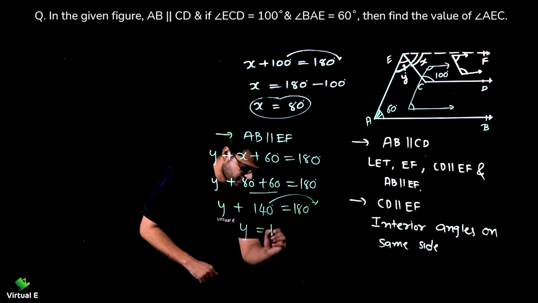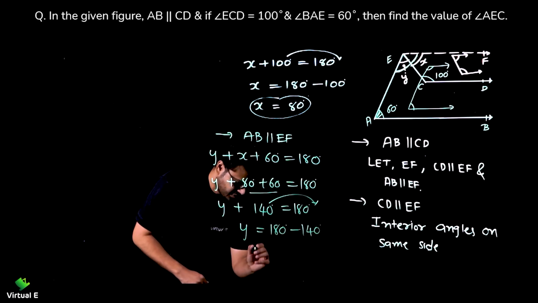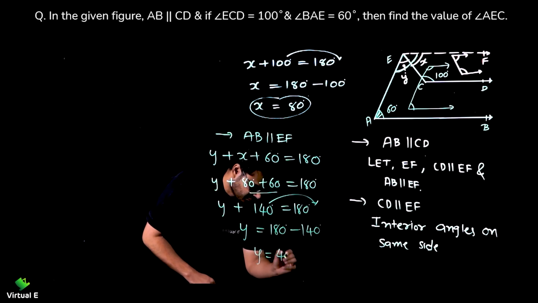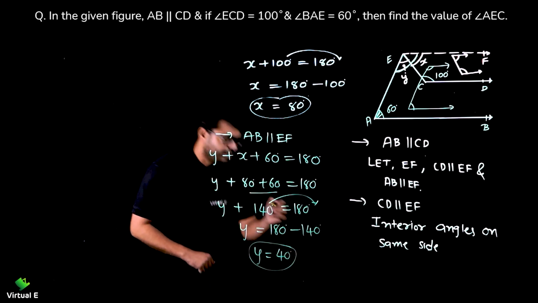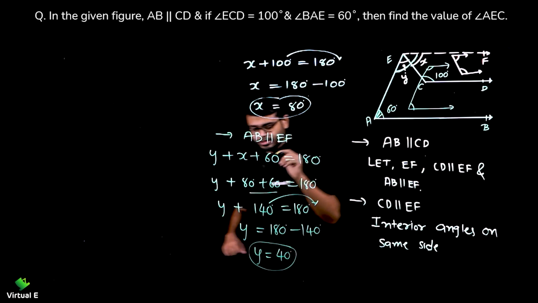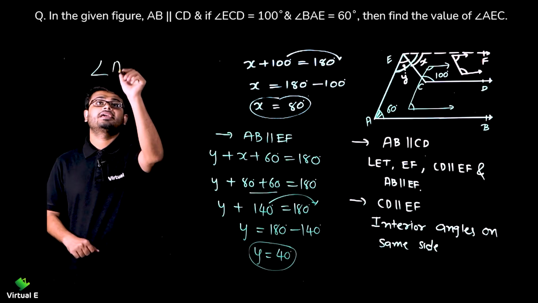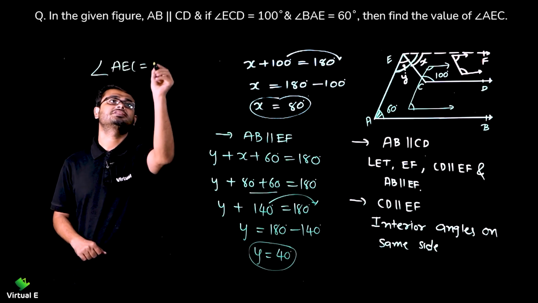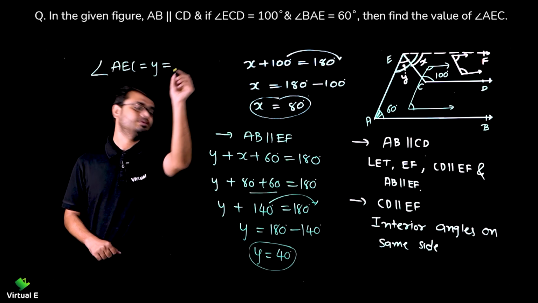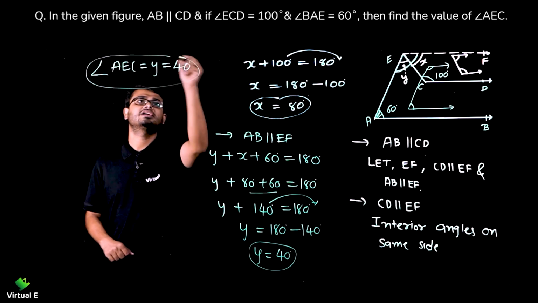So Y is equal to 180 degree minus 140 degree. So Y is equal to 40 degree is the answer. Now that's what we wanted to find, that angle AEC is equal to Y, which is 40 degree. So this is our final answer, right?